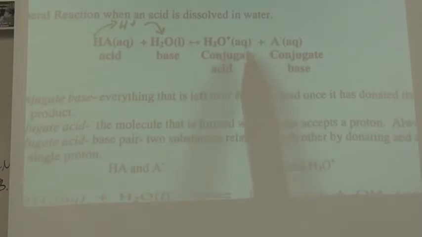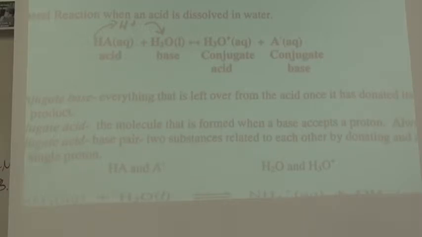Okay, so what we have after this is done is this. After the HA has donated the proton, what's left of it is the conjugate base. The base, after it has accepted the hydrogen ion, becomes the conjugate acid.